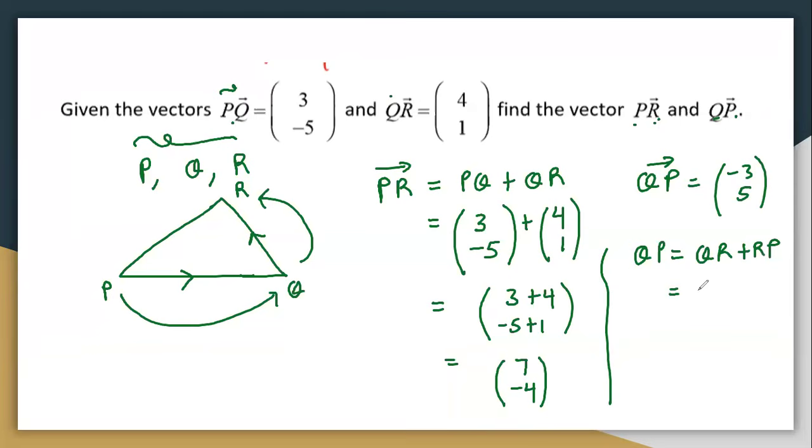Then we have QR 4, 1. And then for RP, since I'm going in a different direction, the signs change.